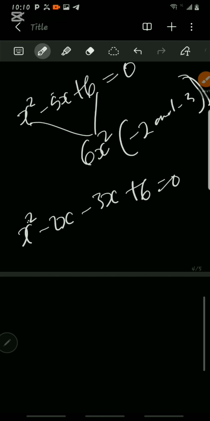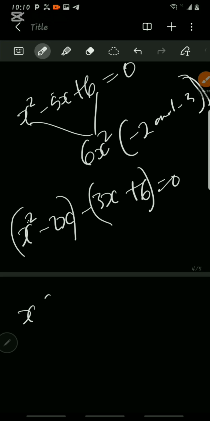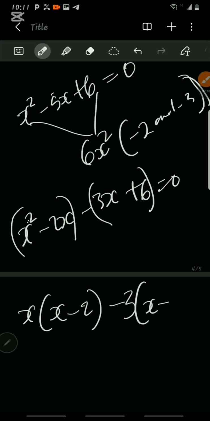Are we together to this junction? So from here I can factorize these two and factorize these two. From the first bracket, I can see that x is common, right? I factor out x and then into x minus 2. Then minus the second bracket, I can see that 3 is common there. I have 3 into x minus 2. All of these should be equal to 0, right?